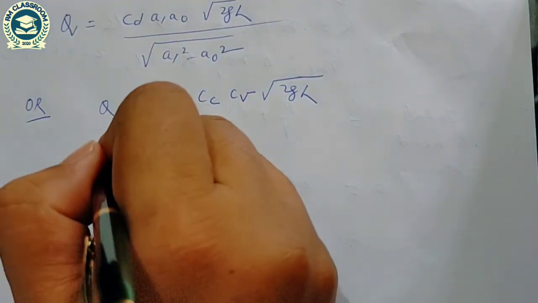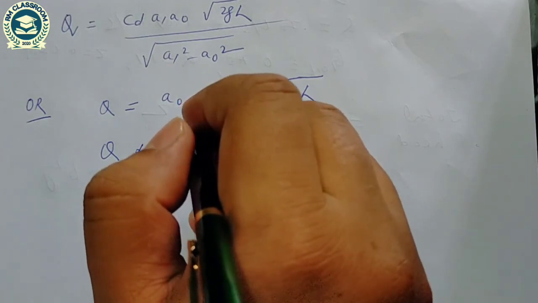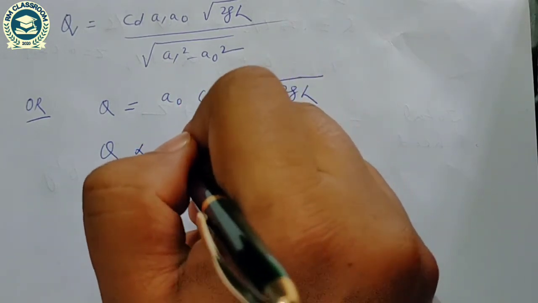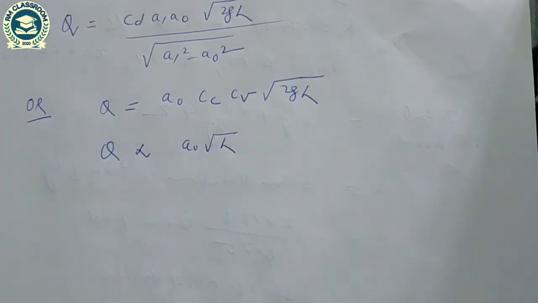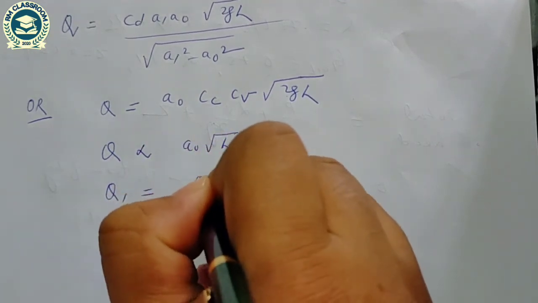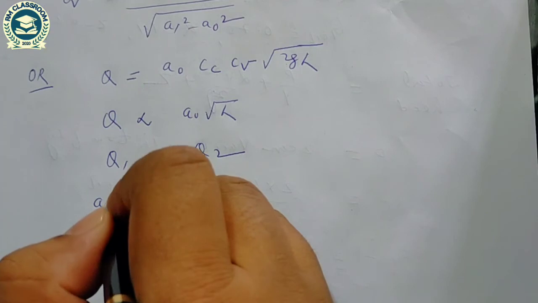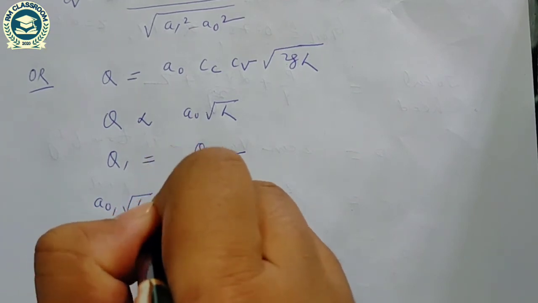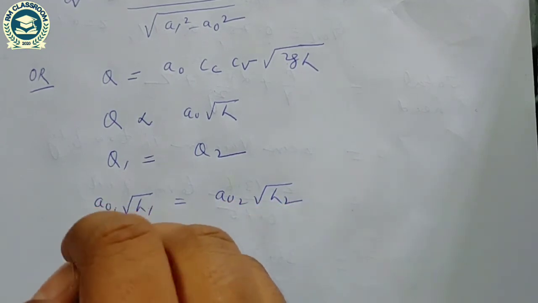So here Q is directly proportional to A0 into root H, and Q is same, Q1 is equal to Q2, so we can write A0 1 into square root of H1 is equal to A0 2 into square root of H2.